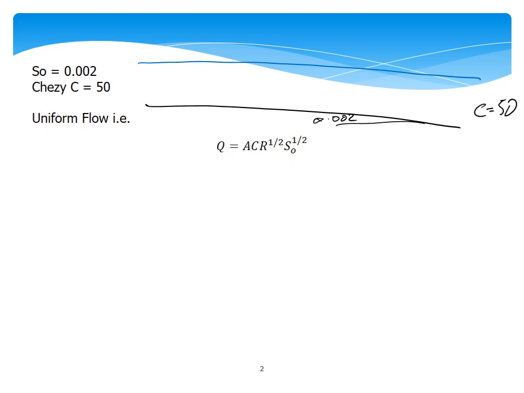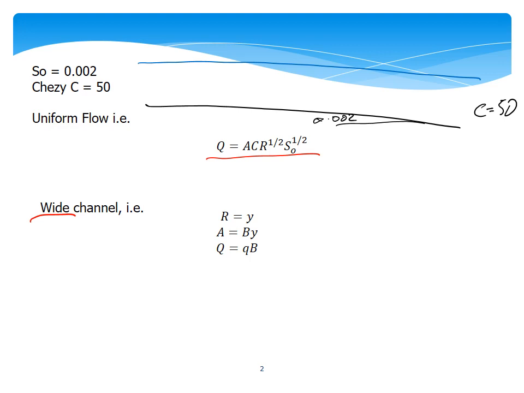So we've got this Chezy equation for uniform flow. We're going to use it to calculate the uniform flow depth and the uniform flow. There's a little bit of algebra to do, so let's have a look at that. We've got a wide channel, and we were told the flow per unit width, q.